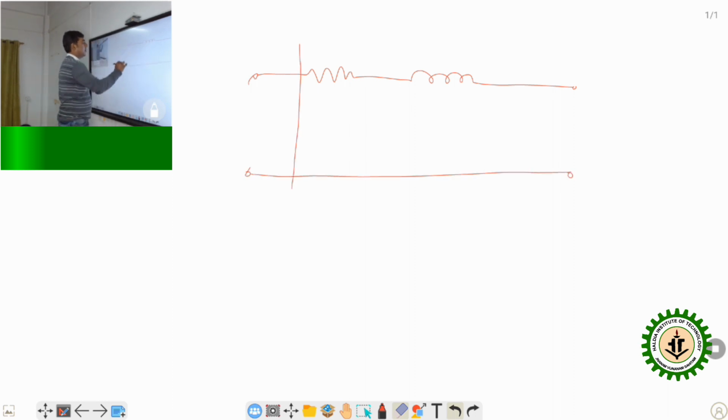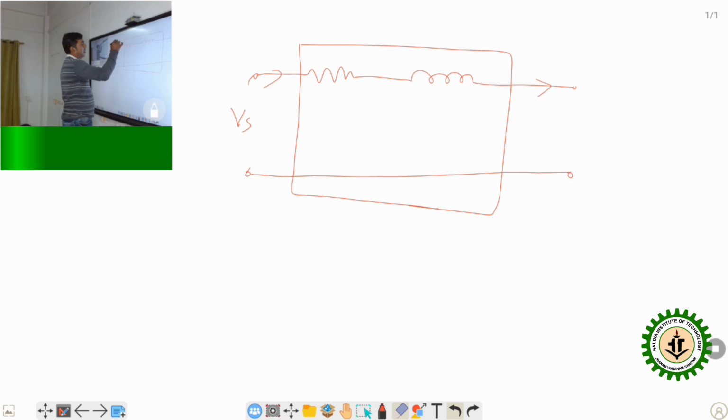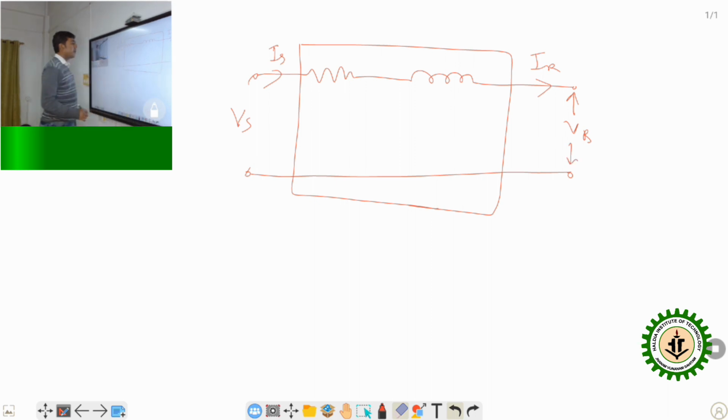This is the network, with Vs the sending end voltage and Is the sending end current, IR the receiving end current and Vr the receiving end voltage. So this is like a two-port network.